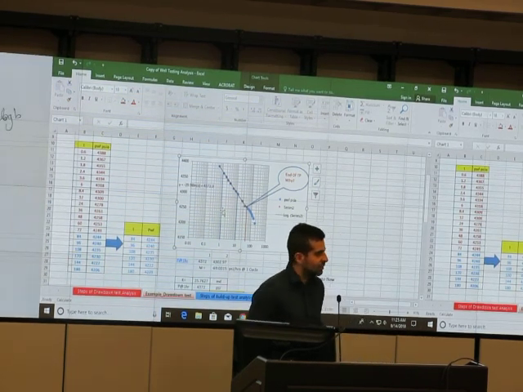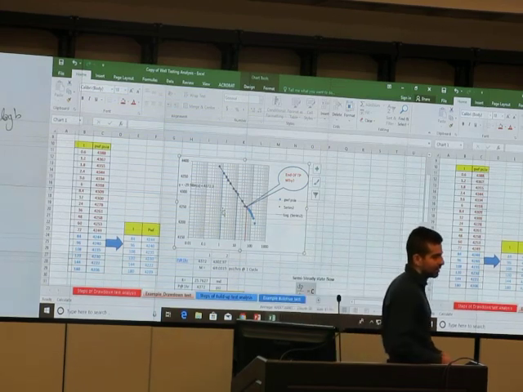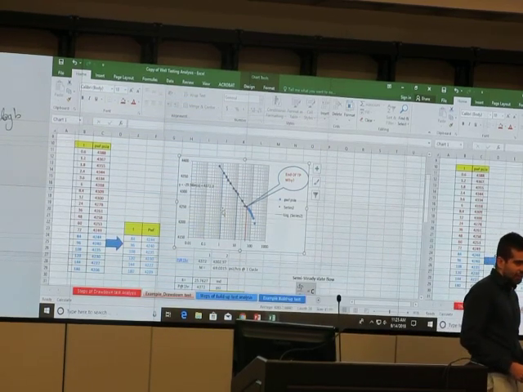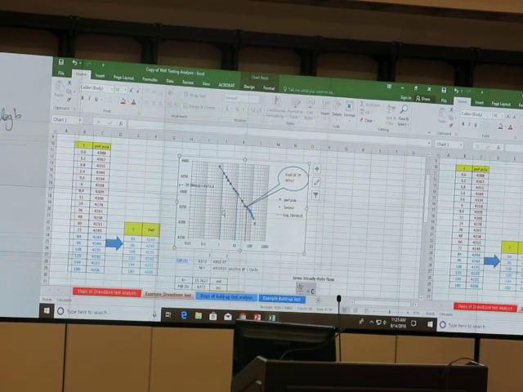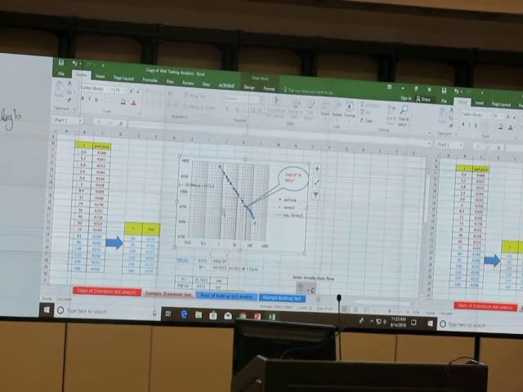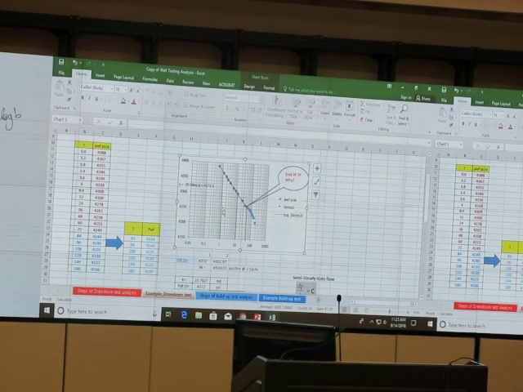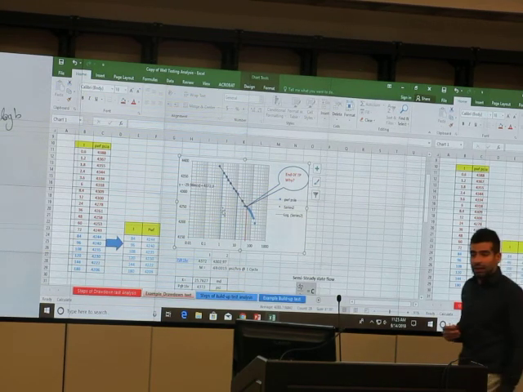Are you going to put it on file? Yes. Where is this file in Blackboard?